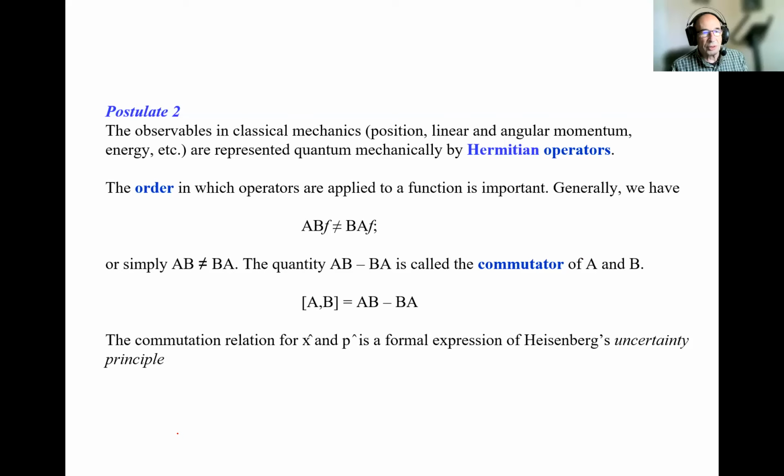These are the positions of atoms, their momenta, energy, and other things, which we somehow want to measure because we want to observe them, right? And postulate number 2 says that all these observables are represented by Hermitian operators.